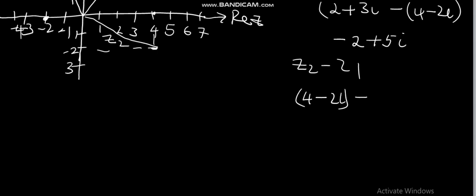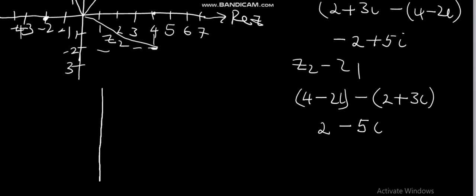So we are going to subtract z1, which is 2 plus 3i. So 4 minus 2, that is 2, negative 2i minus 3i, which is a negative 5i. So we shall represent it on our Argand diagram like that.